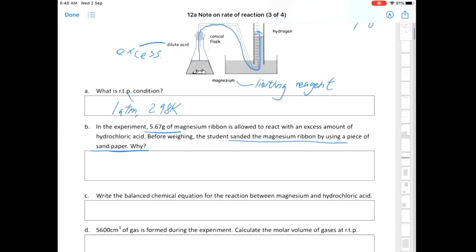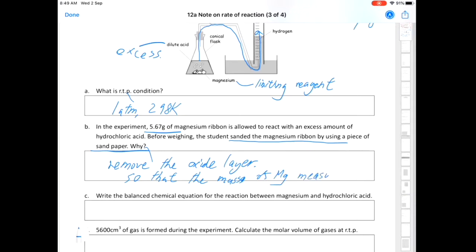And the sandpaper, I think I told you already, is used to remove the oxide layer. And be reminded that when you are using mass divided by molar mass, you need a pure reagent.